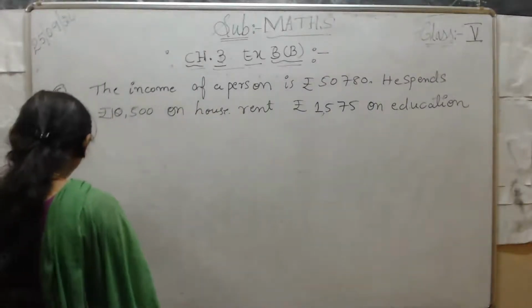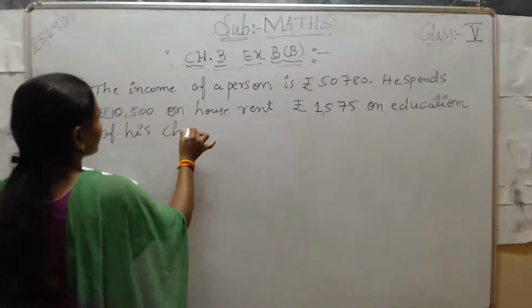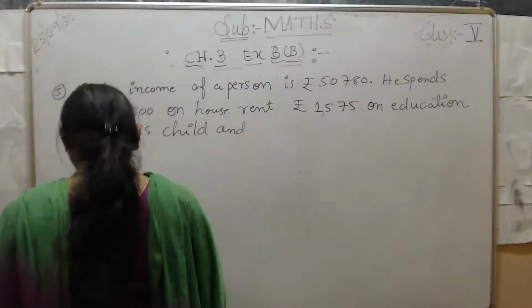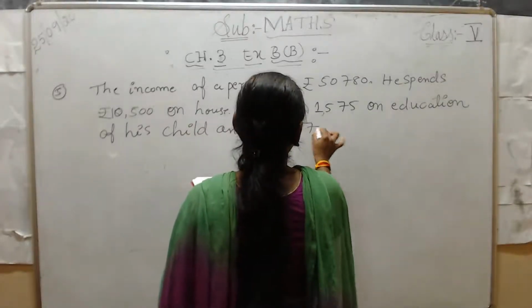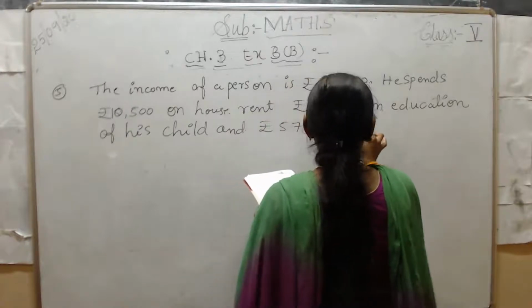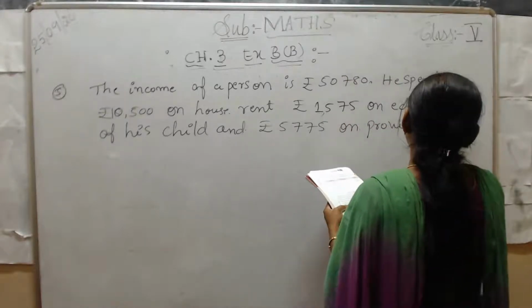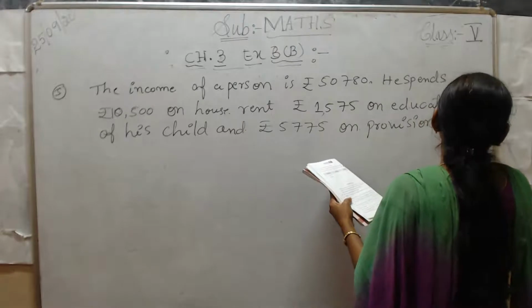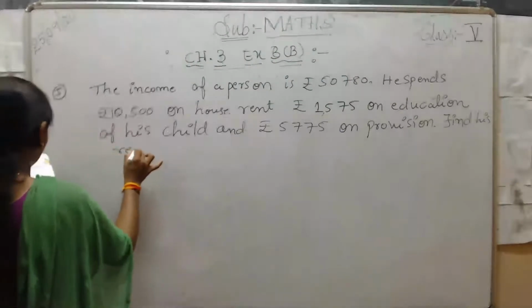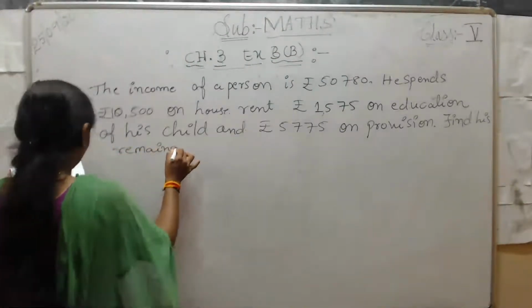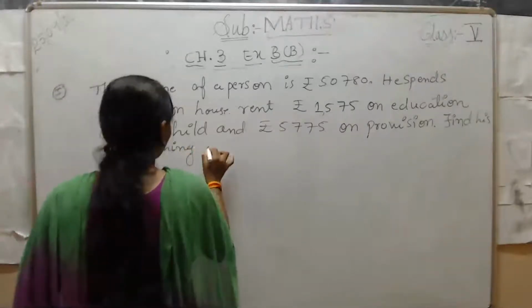Next, 5,775 on provisions. Find the remaining income.